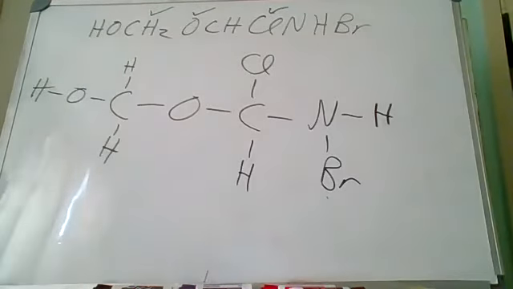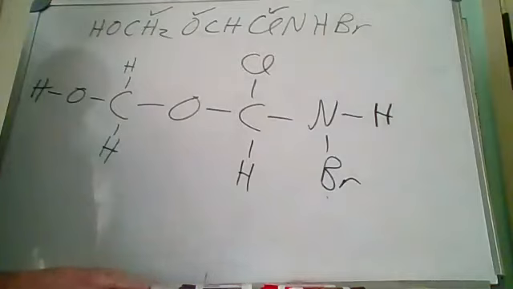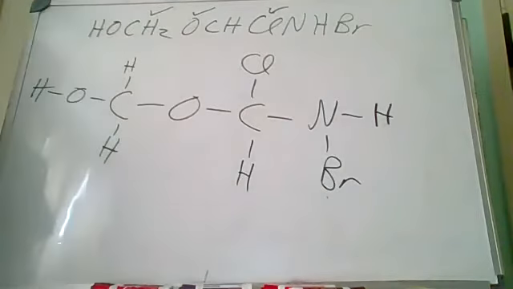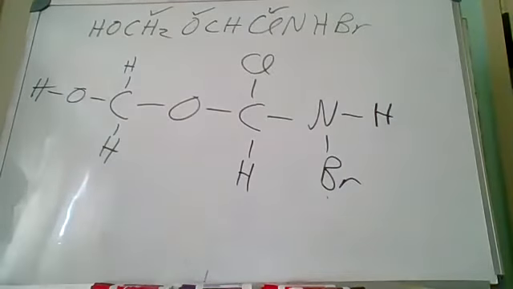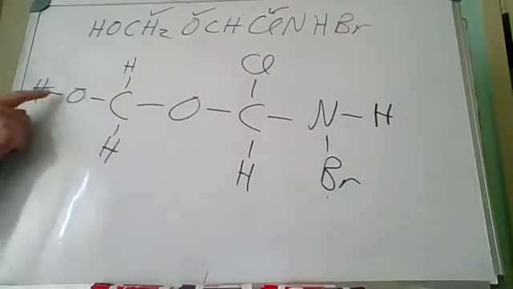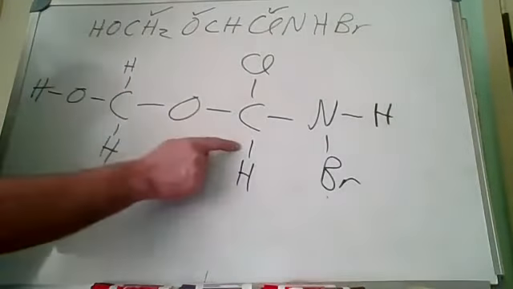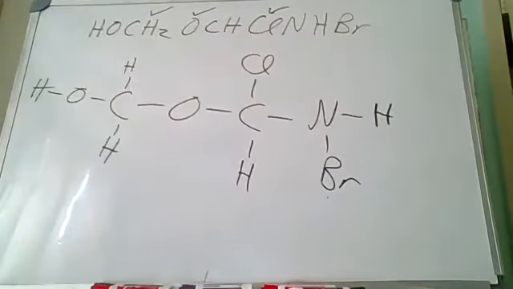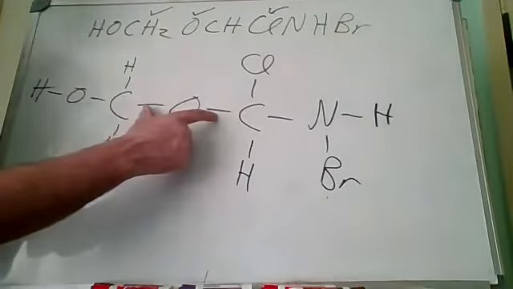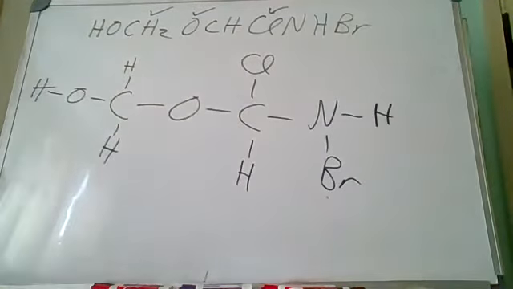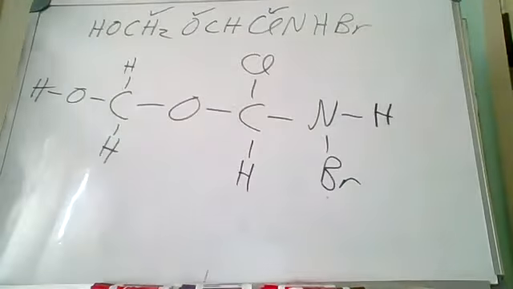Okay, so before we do the functional groups, let's check and make sure that every atom obeys the octet rule. In other words, every atom has the proper number of bonds. So each hydrogen should have one bond. One bond, one bond, one bond, one bond, one bond. So the hydrogens are okay. How about the oxygens? 2 bonds here, 2 bonds there. So that's good. The bromine is a halogen, 1 bond.